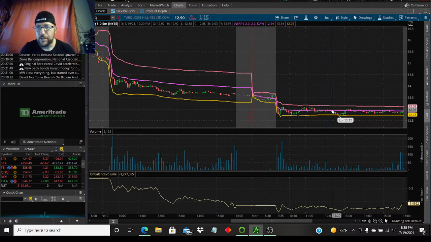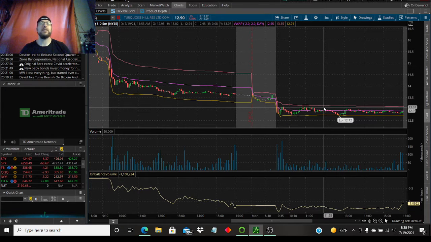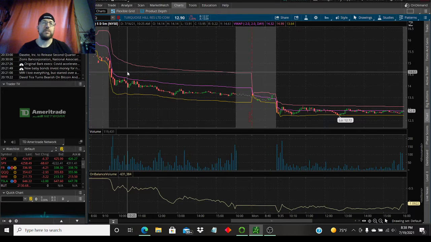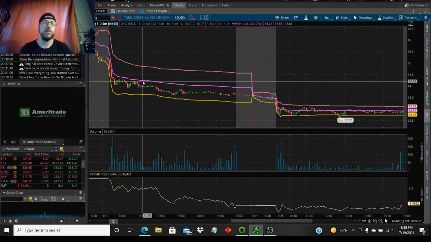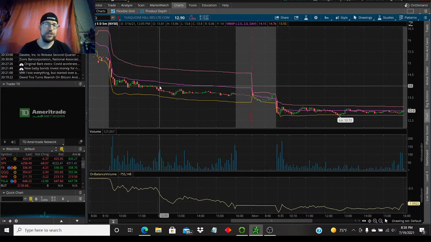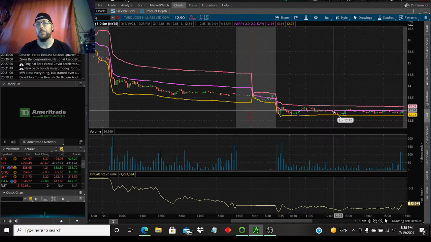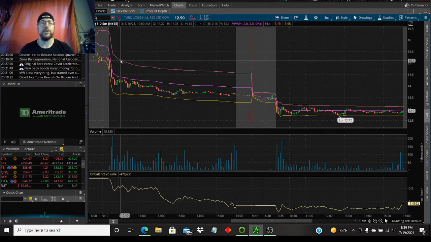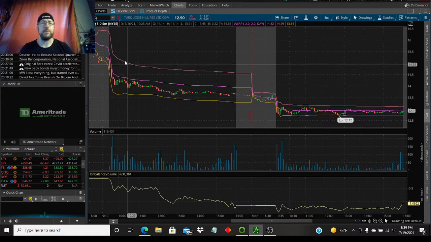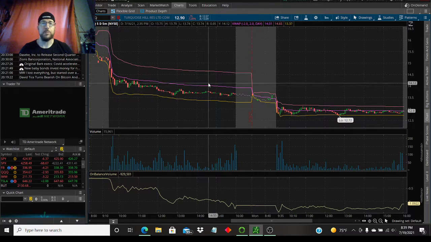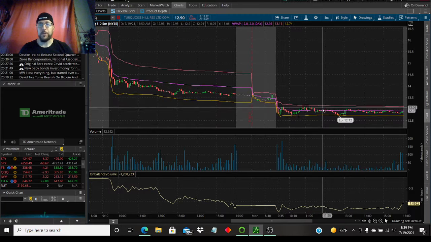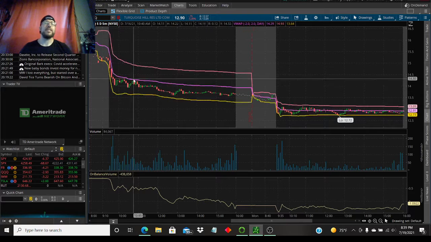It's a daily indicator, a volume weighted average price. Usually if the stock's under VWAP, it's bearish. If it's over VWAP, it's bullish. And generally, if the stock's going down, the VWAP and the VWAP channel will usually go down. But if it's bullish, it'll be slanted going up, like this stock here.